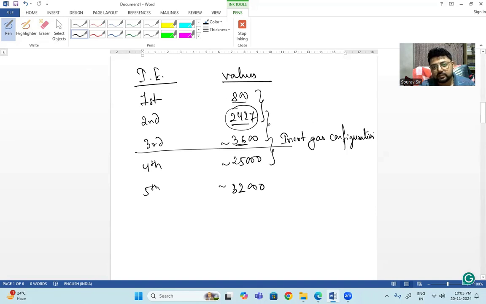So from the first ionization energy, while the element is removing the second electron, it is also facing a bit of difficulty. That is why it is taking a lot of extra energy compared to the third ionization energy. So from the data provided in the question, you can say that the element has 3 valence electrons.